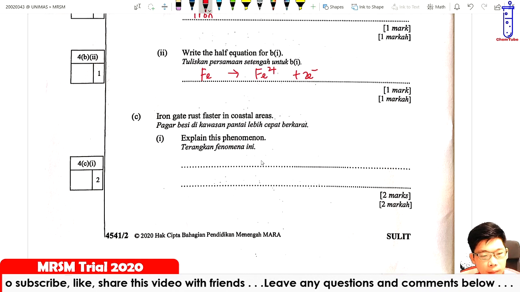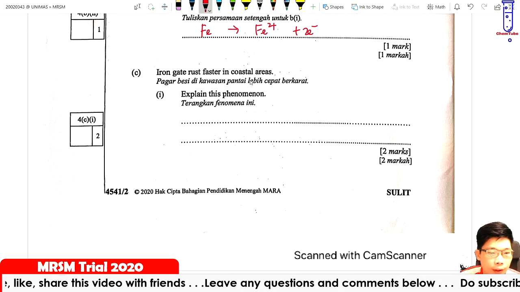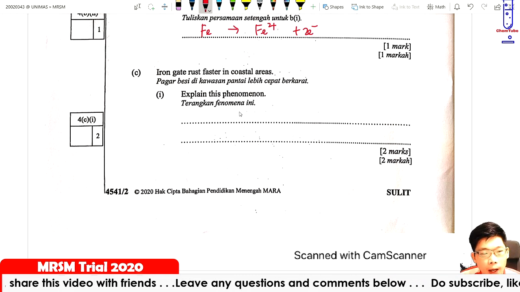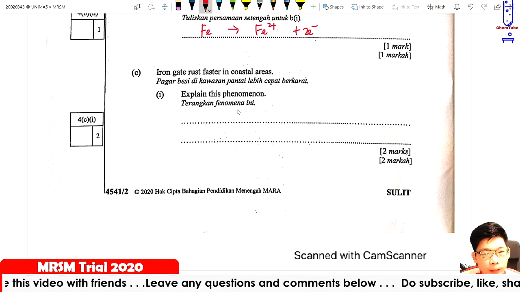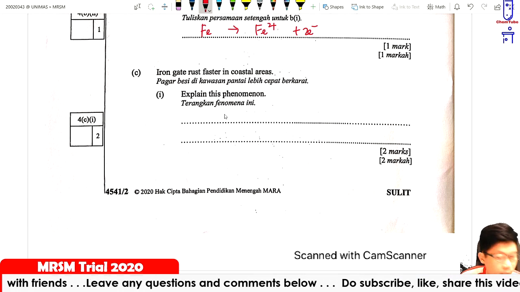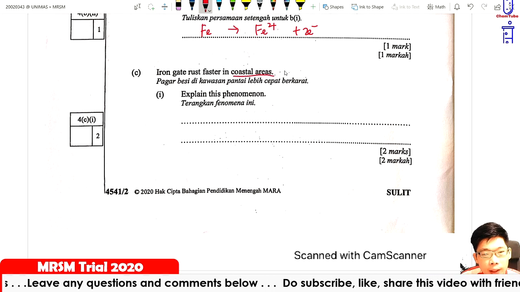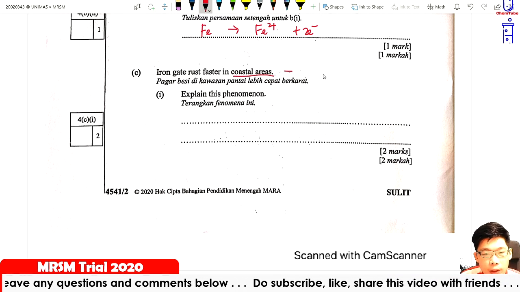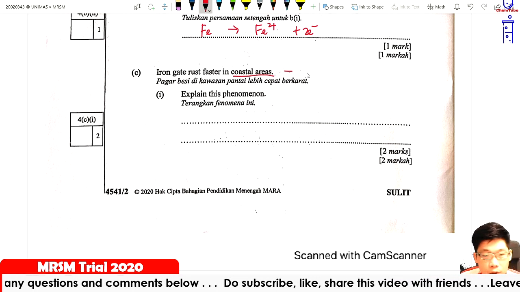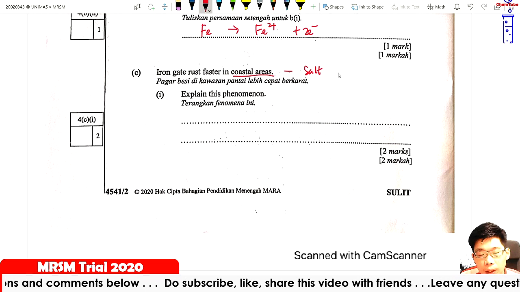Explain this phenomenon. Why at the coastal area can the iron gate rust faster? Because the coastal area contains seawater, and seawater contains salt.